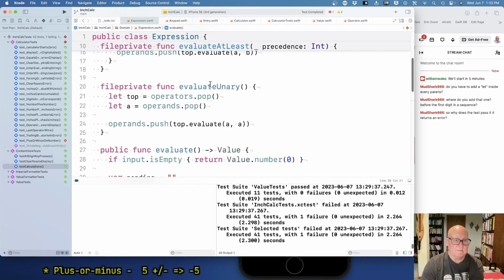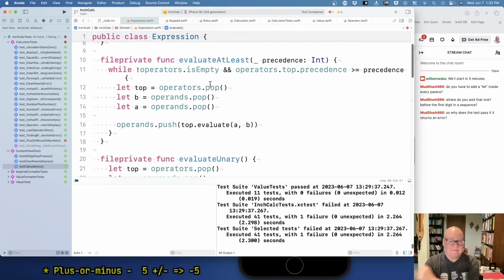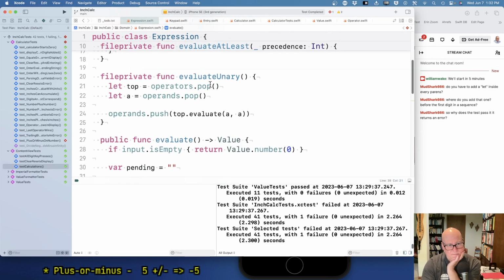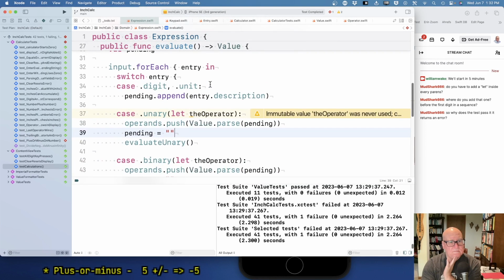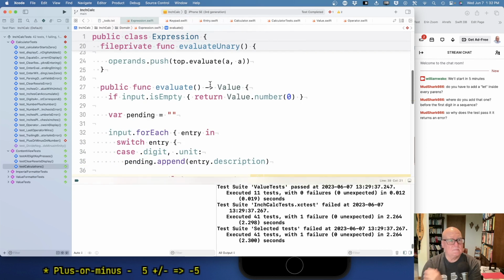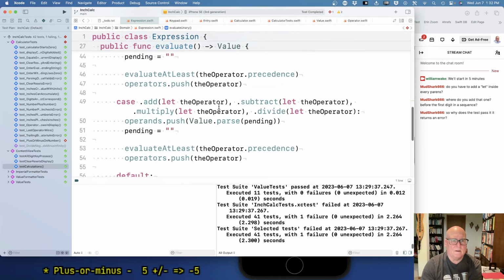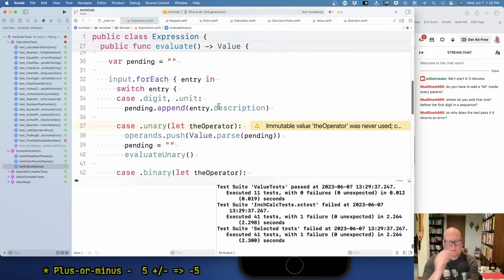Oh, that's a problem. The operator we need. We're going to pop the operator. Okay. Input equals.